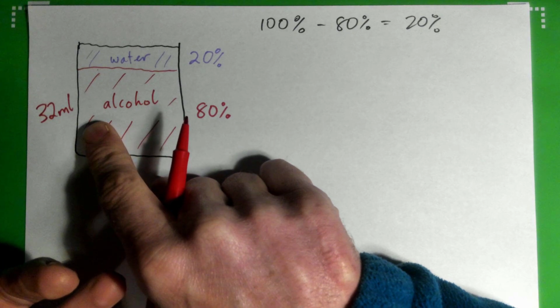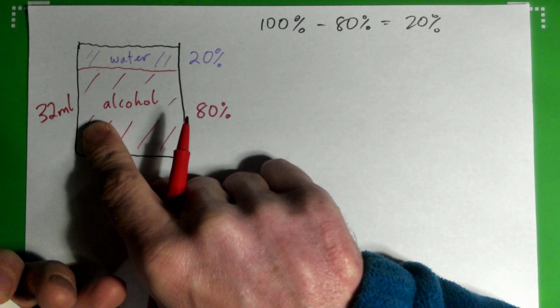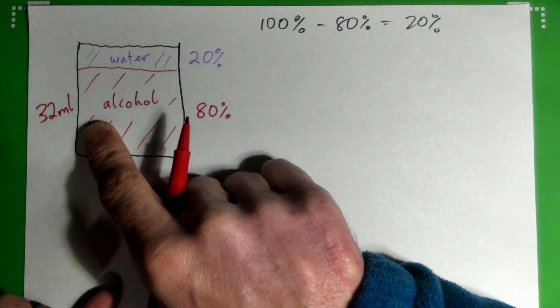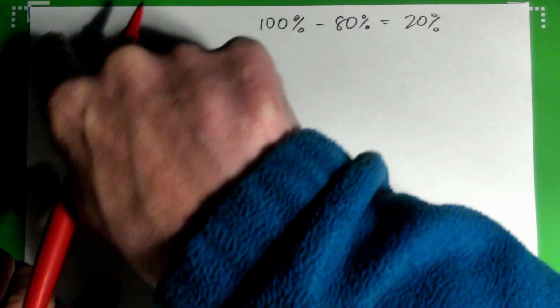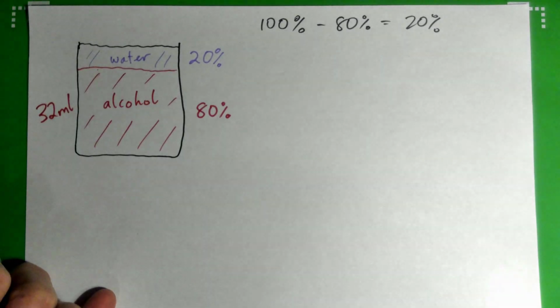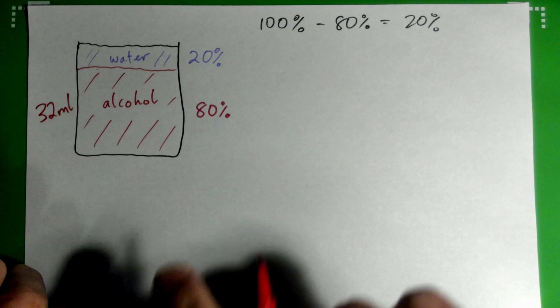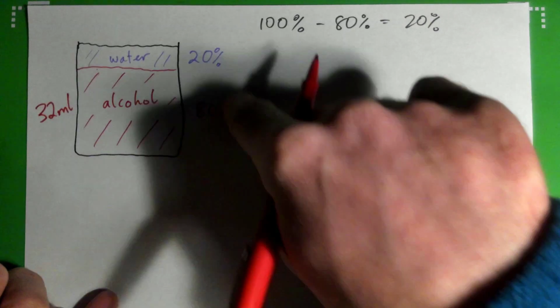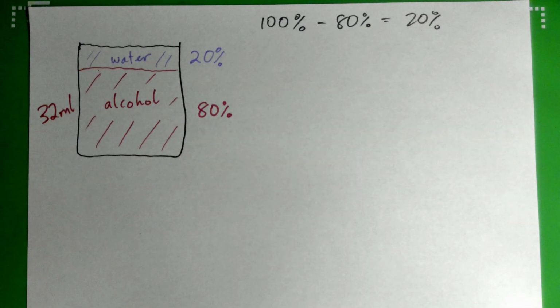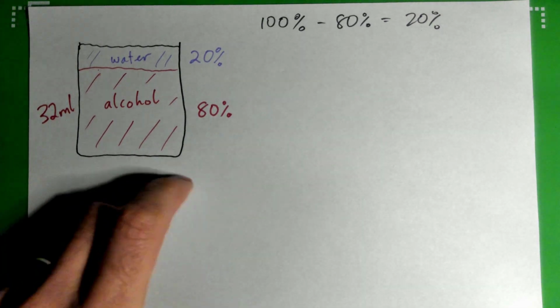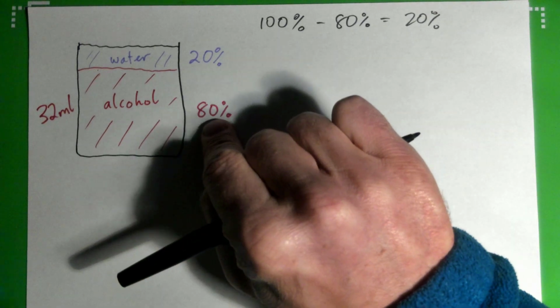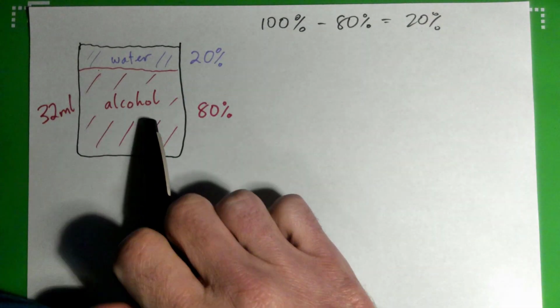How many milliliters total, both alcohol and water, are in the solution? So now we have to find the total solution, don't we? Because the question is how many milliliters total, both alcohol and water, are in the solution. So we have to find the total amount next, right? So 80% of the solution is? 20% is?